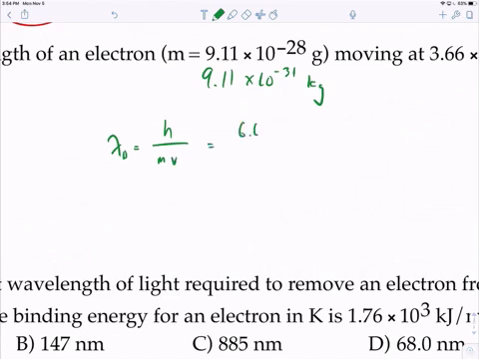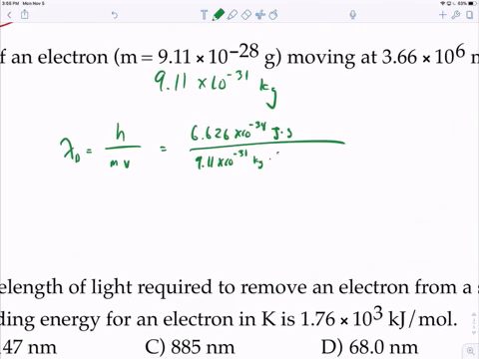So 6.626 times 10 to the minus 34 joules times seconds. Mass 9.11 times 10 to the minus 31 kilograms times 3.66 times 10 to the 6 meters per second.